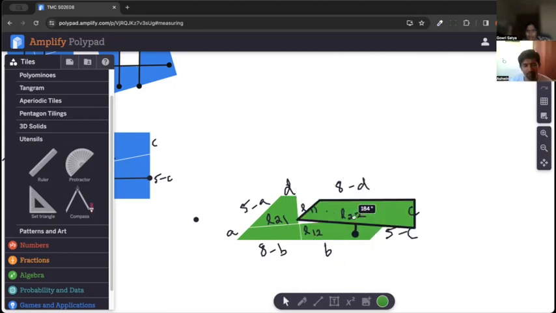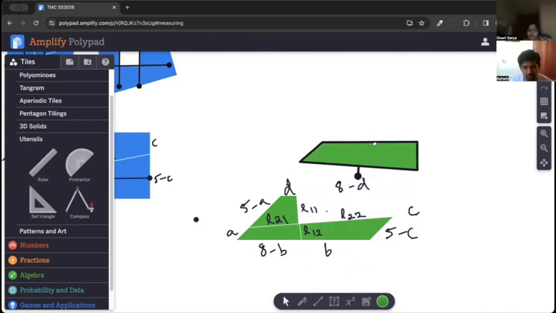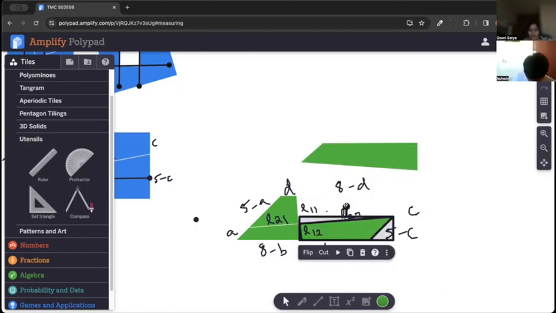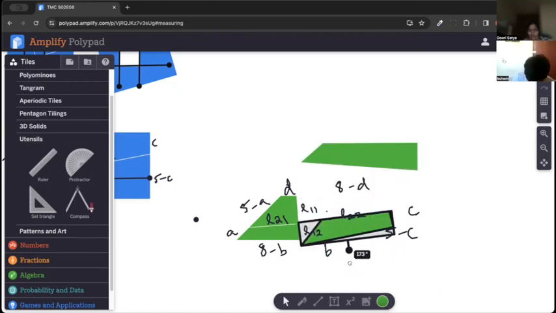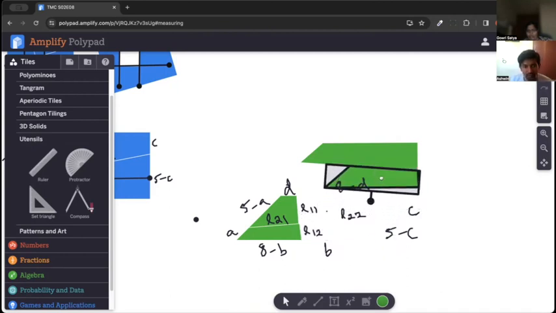Got it. And the bottom piece, again, you rotate it so that now the right angle comes to the bottom right. So the L2 to L12, that one. Yes. Okay, done.